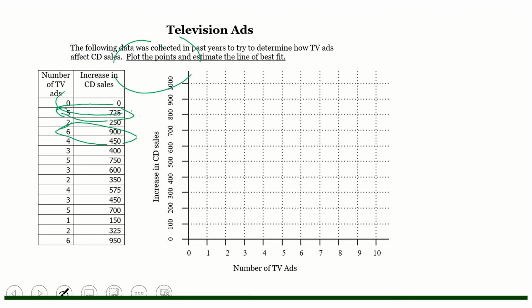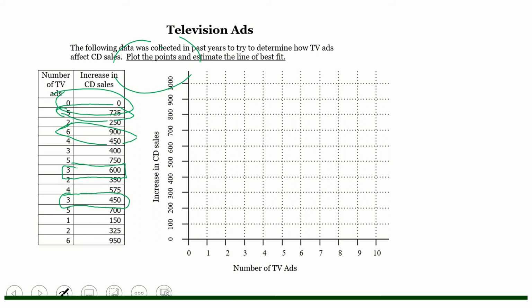If you don't buy any, obviously you don't get any increase from your ads. But you don't always get the same results. So one person does a study and it says buying 3 ads led to 450, and somebody else does a study that says buying 3 ads leads to 600, which is how studies work. You don't get the same results.